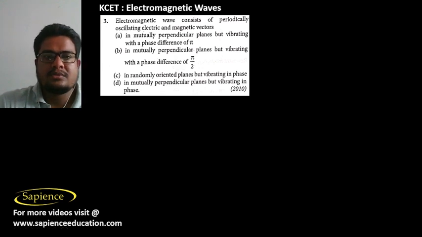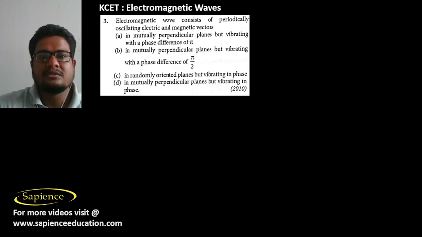Then in question number 3, it is told electromagnetic wave consists of periodically oscillating electric and magnetic vectors in mutually perpendicular planes.